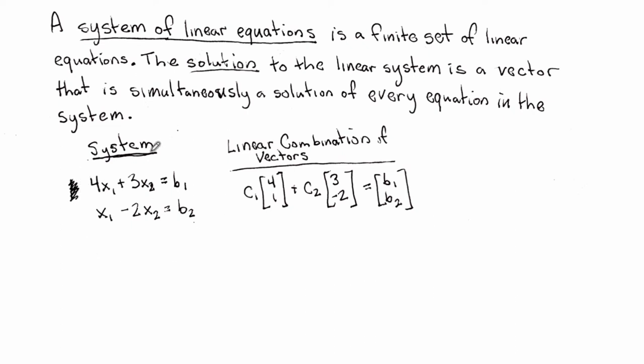So suppose that we have a system of equations: 4x1 plus 3x2 equals b1, x1 minus 2x2 equals b2, and I have a linear combination of vectors, so c1 times (4, 1) plus c2 times (3, negative 2) equals (b1, b2). We saw in one of the tasks in class that these are going to have the same solutions.